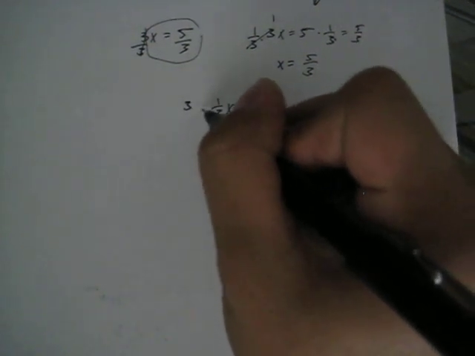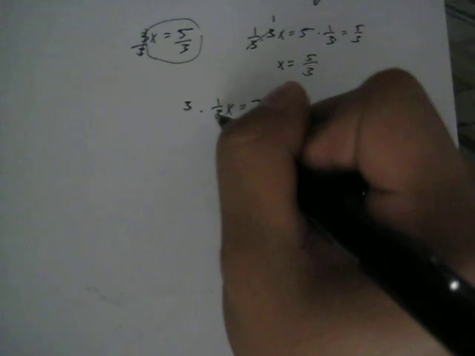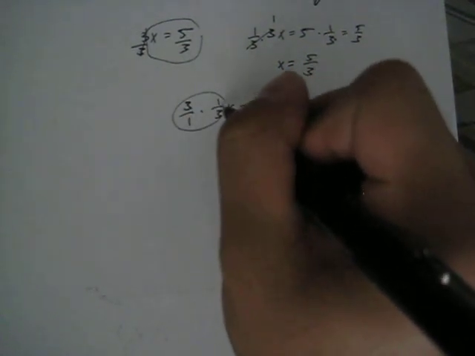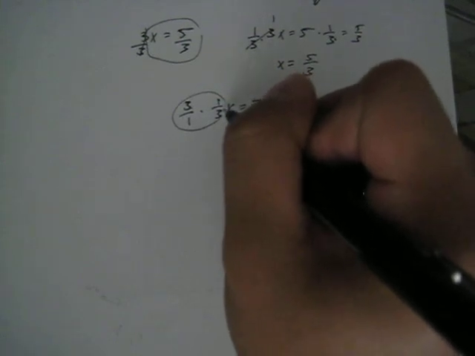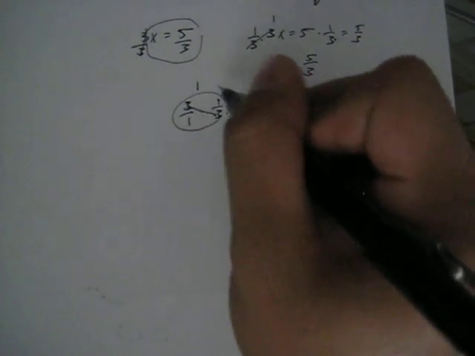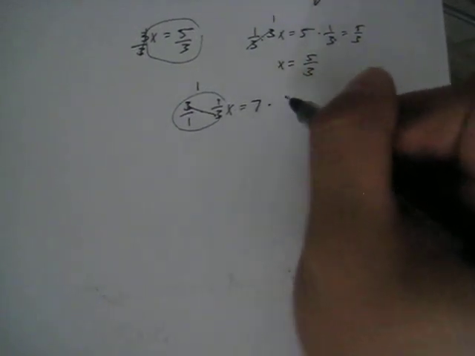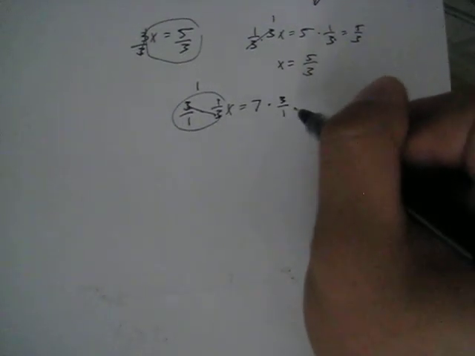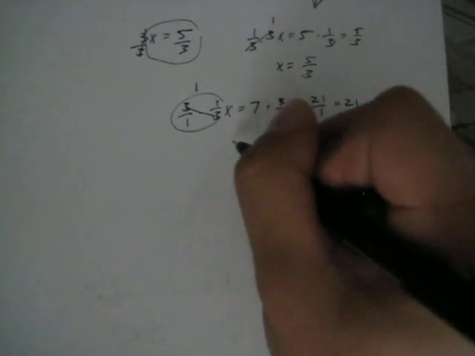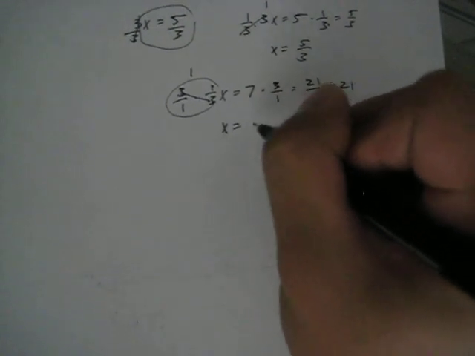Because you're trying to find a number where, if you complete the fraction, the answer becomes 1. So what times 1/3 equals 1? Well, 3. 3 times 1/3 equals 1. So we have 1x equals 7 times 3 over 1, which is 21 over 1, which is 21. So x equals 21.